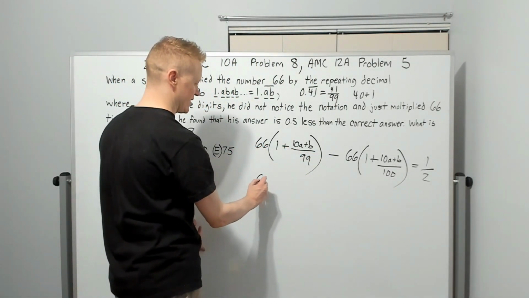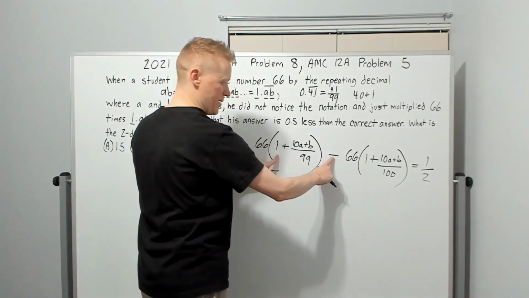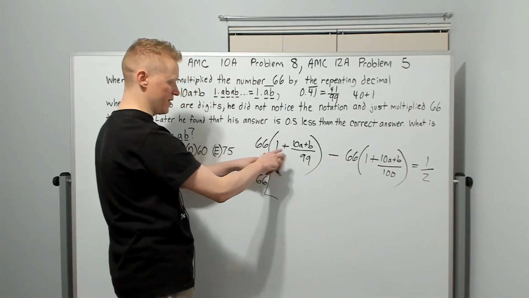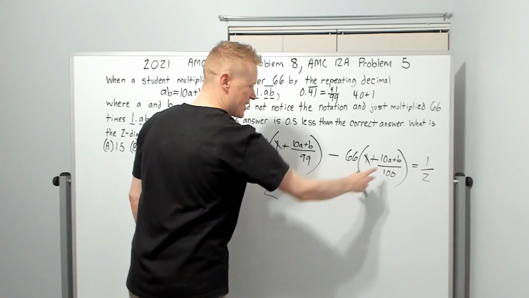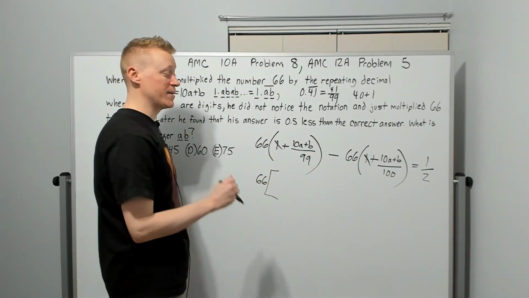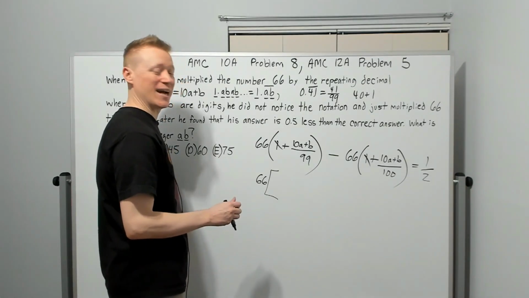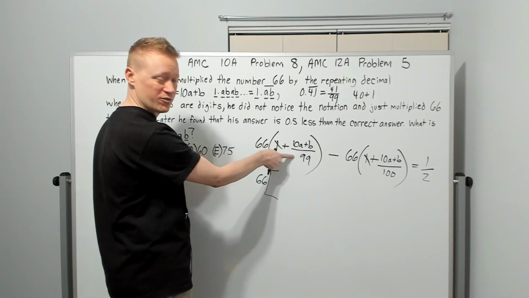Okay, my first thought, let's factor out this 66. So I'm going to write 66 here, and I'm going to take this and imagine moving the minus onto that 1. The 1's are going to cancel. Then I'm going to have this expression minus that expression, and they're not going to combine unless they have a common denominator. So I'm going to make one right now, 9900. Meaning I'm going to multiply this 1 by 100 over 100.